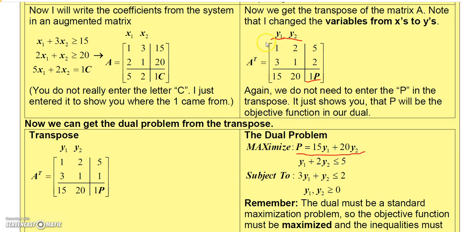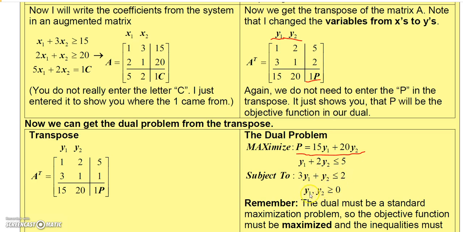Remember, these are y's now. And then these are going to be my constraints. So this is going to be y1 plus 2y2, and I'm going to write this less than or equal to 5. And the other constraint would be 3y1 plus y2 is less than or equal to 2.